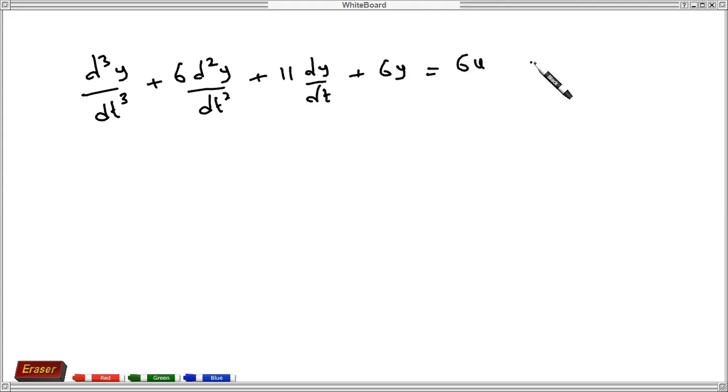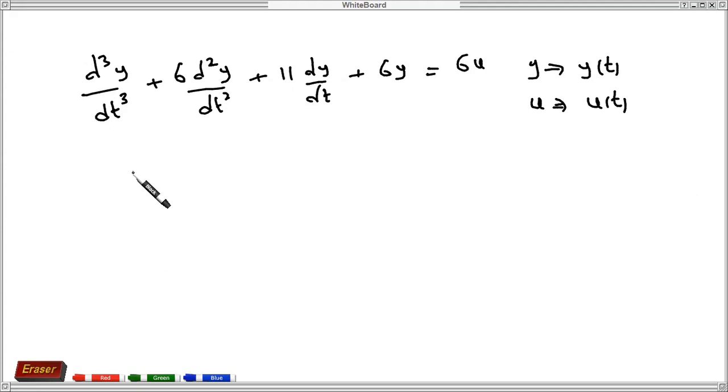It's good to note that when I write y, I basically mean y of t, and when I write u, it represents u of t. So this is the differential equation of a third order system. We are to obtain the state space representation of the system from the differential equation.